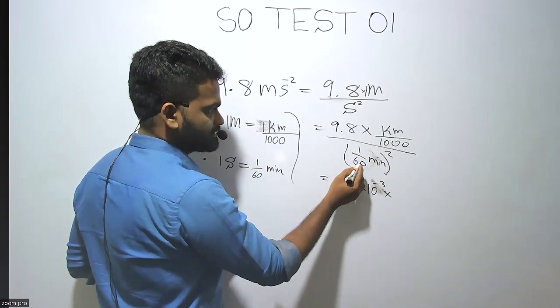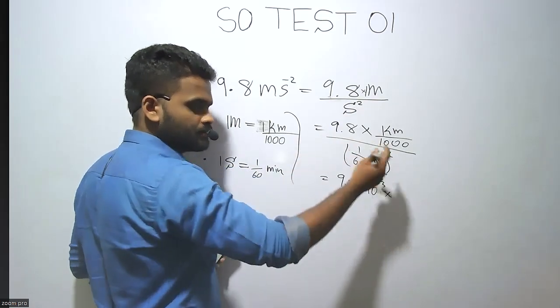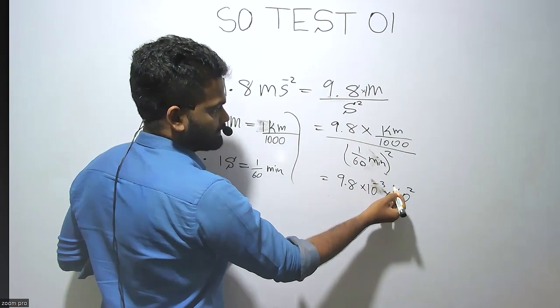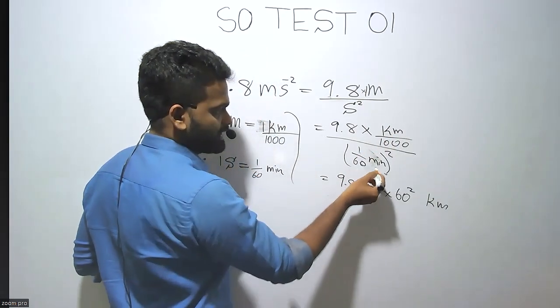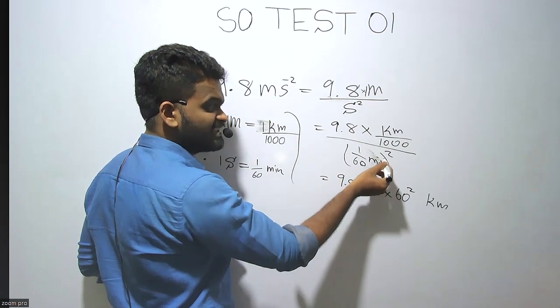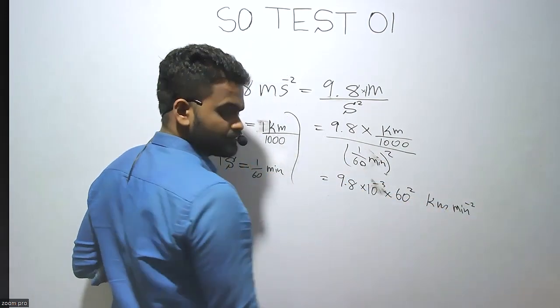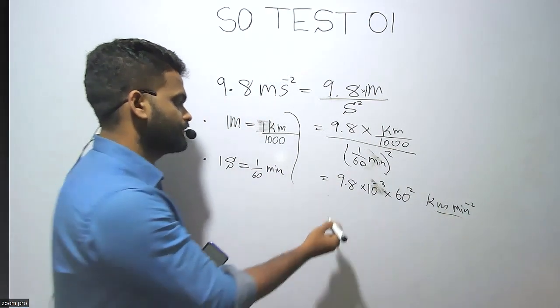This is 1 over 60 squared. As it goes to the numerator, it flips and becomes 60 squared, right? Then you have kilometers here at the numerator, and here at the denominator you have minute squared. So kilometers per square minute. Now it is converted. Then you just have to simplify this.